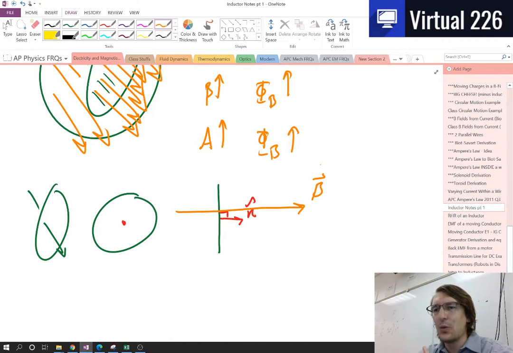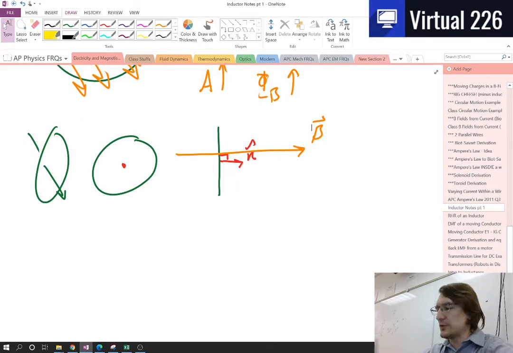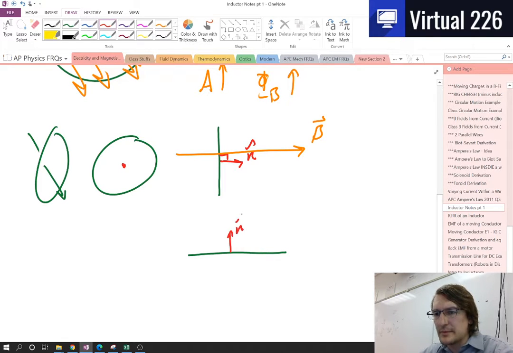But what if your circle was set up differently? What if your circle was set up such that it was resting like this, and its normal vector was up?